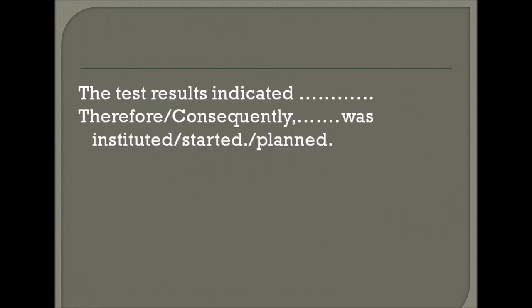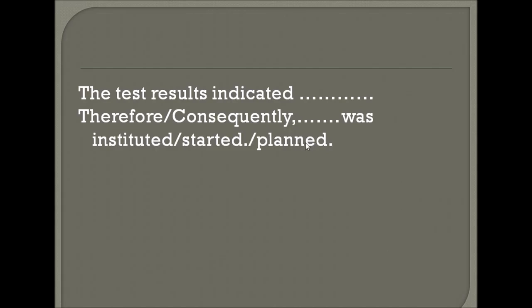Okay, let's move forward. Then you will write the test results. The test results indicate elevated white blood cell count and decreased hemoglobin. Anything your case notes tell you, you can write here. Therefore, consequently, dash was instituted or started or planned.